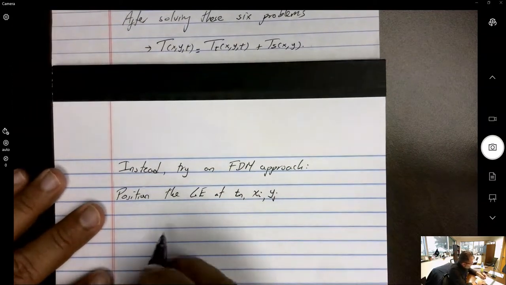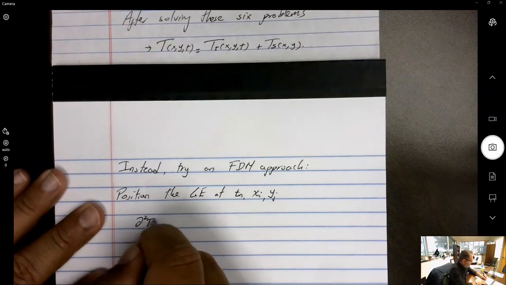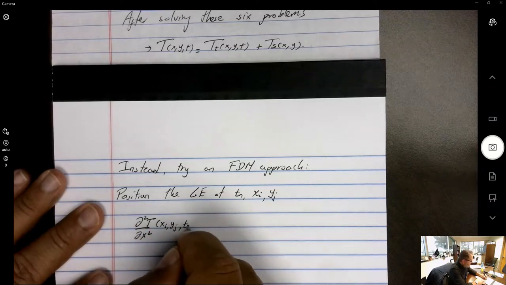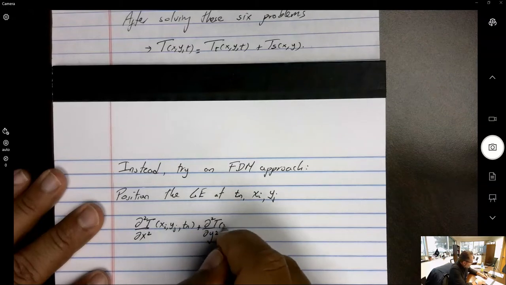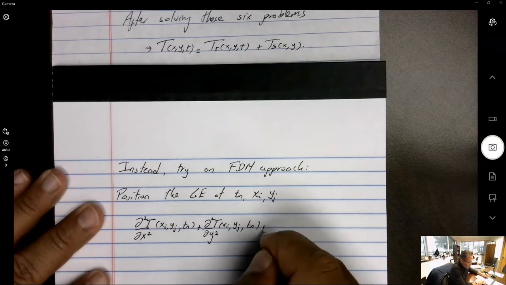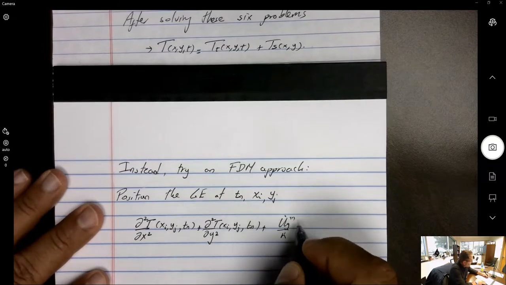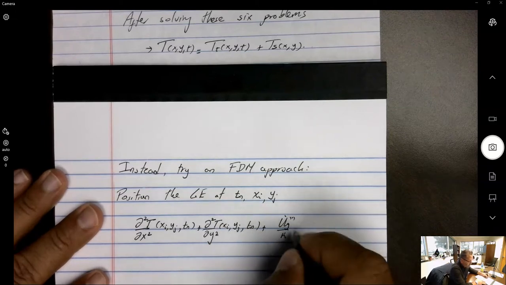So the governing equation would be basically the second derivative of T with respect to x squared at x_i, y_j, t_n, plus the second derivative of T with respect to y squared at x_i, y_j, t_n, plus u_g triple prime over k, which is a constant, but if it weren't a constant, then we would position it at x_i, y_j, t_n.